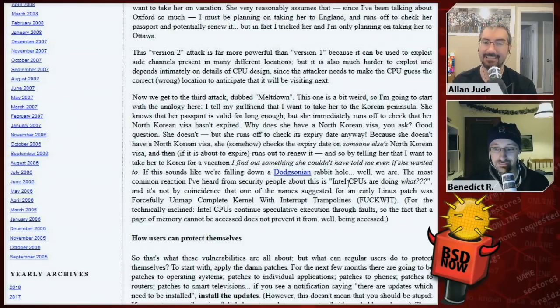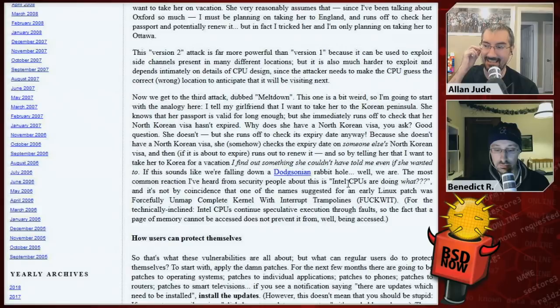Good question. Turns out she doesn't. But she runs off to check its expiry date anyway. Because she doesn't have a North Korean visa, she somehow checks the expiration date on someone else's North Korean visa. And then, if it's about to expire, runs out to renew it. And so by telling her that I was taking her to Korea for a vacation, I find out something she couldn't have told me if she wanted to.